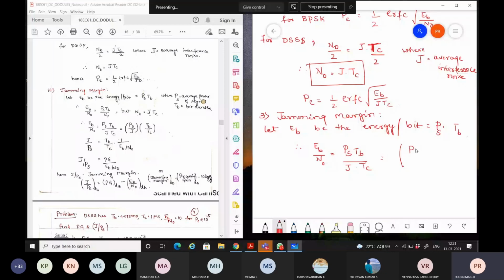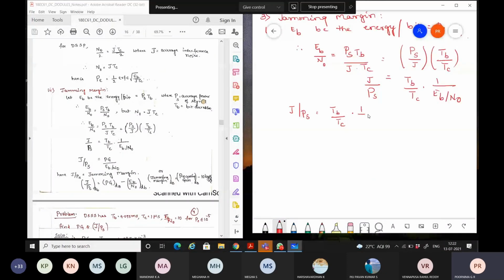So J by PS is equal to TB by Tc into 1 by EB by N naught, or J by PS is equal to the processing gain, since TB by Tc we know is the processing gain, divided by EB by N naught.